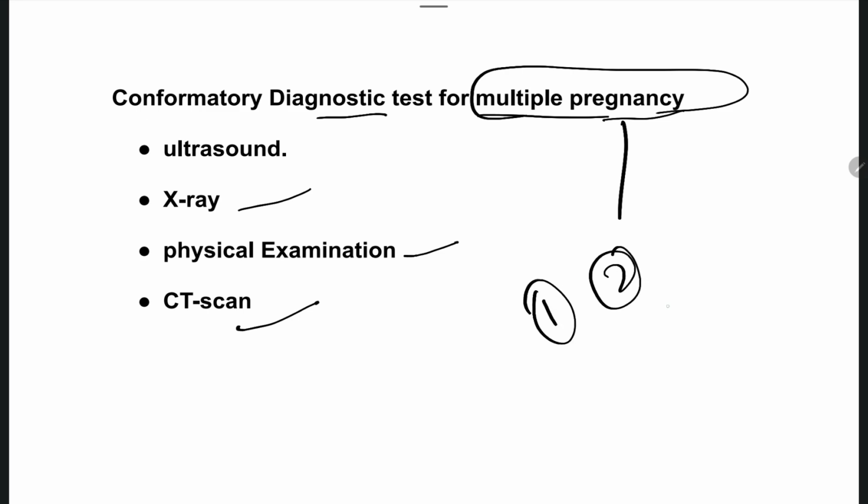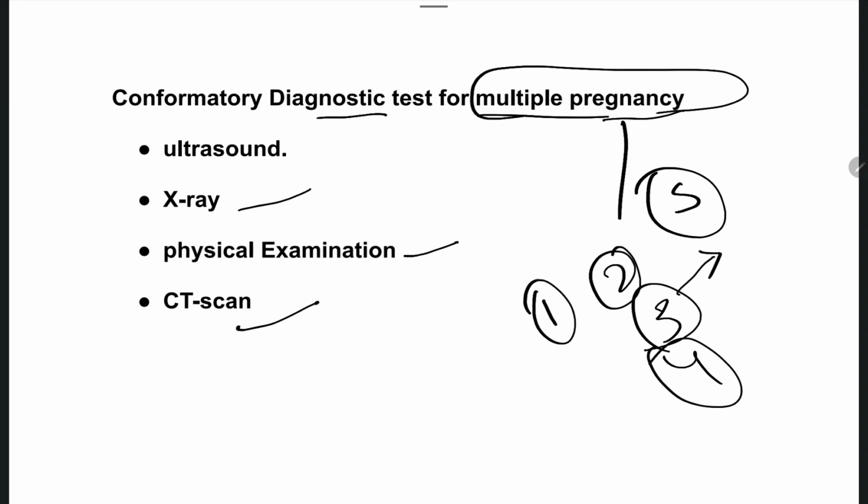It may be 2, 3, 4. In recent news, a mother delivered 5 babies. So it is known as a multiple pregnancy. So how can we diagnose it? By ultrasound. Ultrasound scanning is the confirmatory diagnostic for multiple pregnancy.